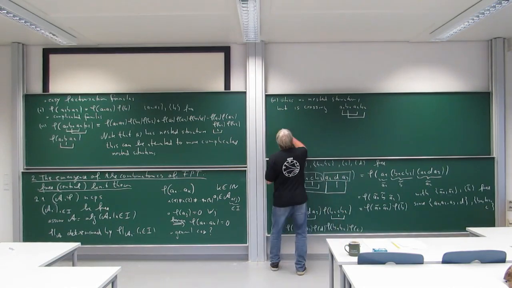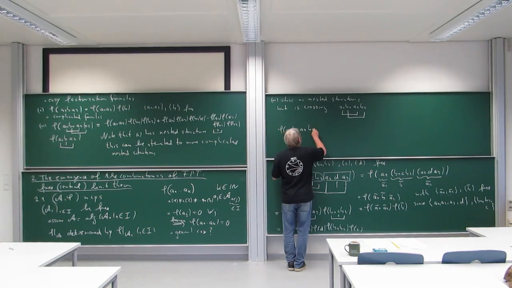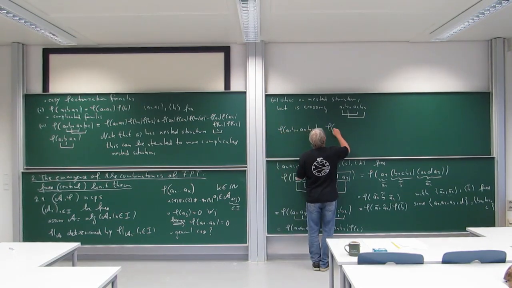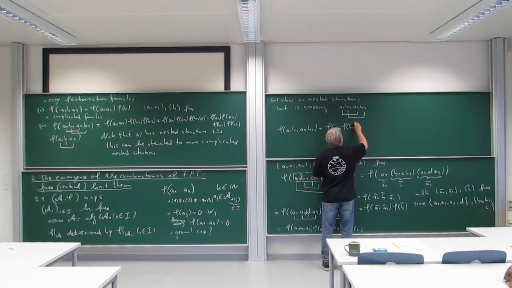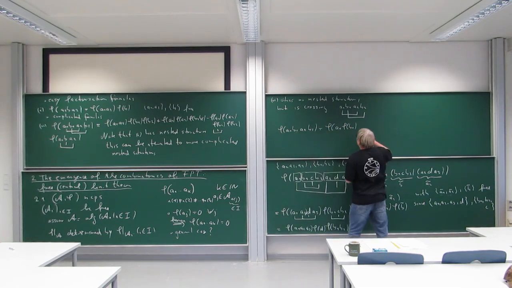Namely, what we have is phi of A1, B1, A2, B2. So this is phi of A1, but now phi of B1, maybe I write it here at this position where it actually belongs. A1, B1, A2, phi of B2.